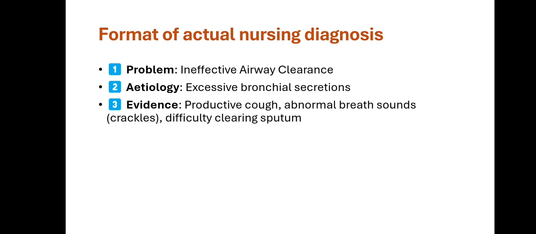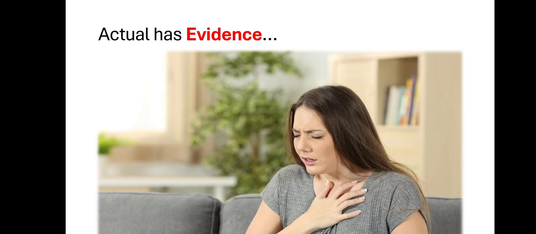What is the evidence? We can have productive cough, abnormal breath sounds, or rather crackles, difficulty clearing sputum. So you've seen the format of an actual nursing diagnosis always has 3 components: problem, etiology, and evidence. Evidence, because it's an actual, you can see it. Just like in the previous slide, you can look at the patient and see that they are not well.